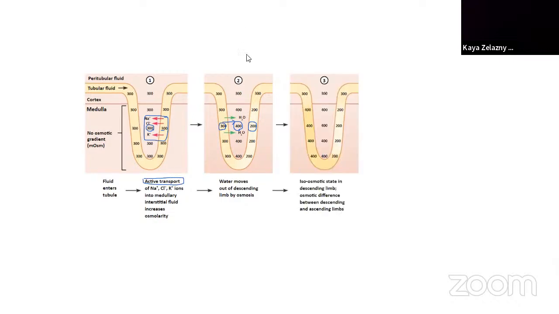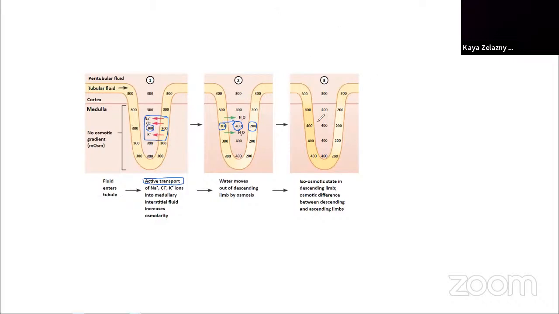So our next image shows us what happens because of that movement of water, basically. So we've now reached equilibrium between the descending limb and the medulla. So now we're at 400. We just left it here in the medulla. Medulla is big, has lots of stuff going through it.